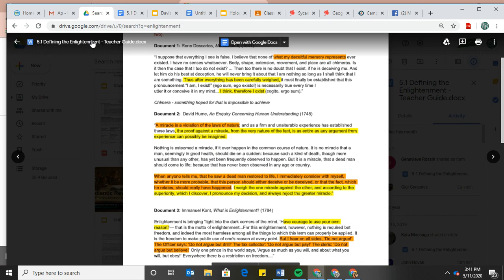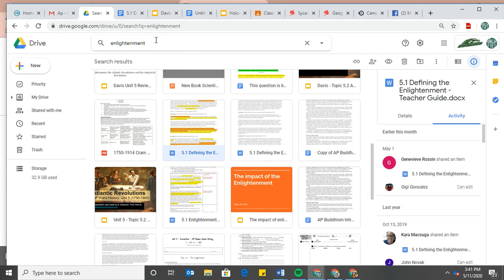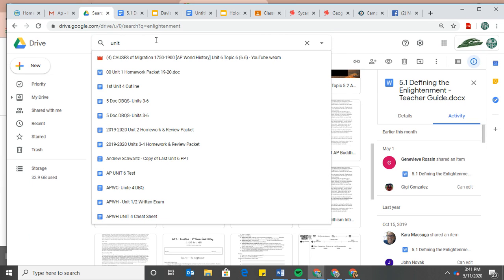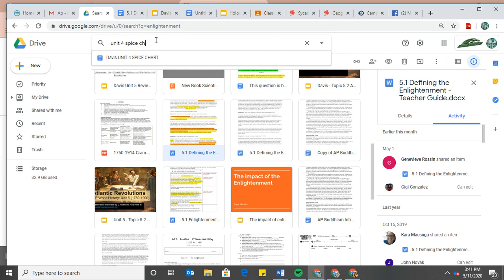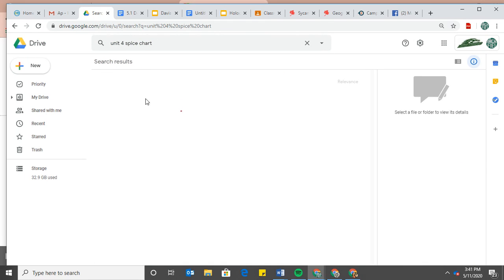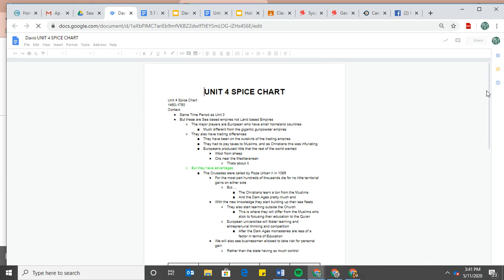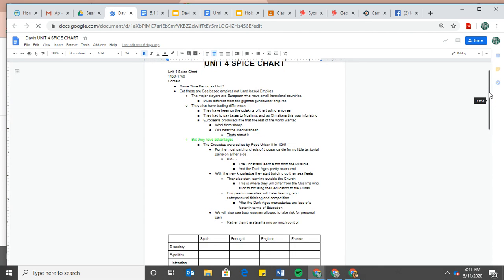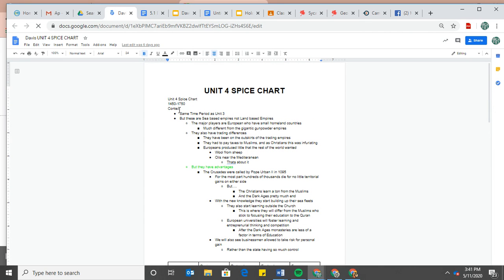If I go to the Unit 4 spice chart, okay, so what I've done is I've made this spice chart for Unit 4, and in front of every chart, I've given you context of what's going on in this time period. So you have this in your AP test folder.